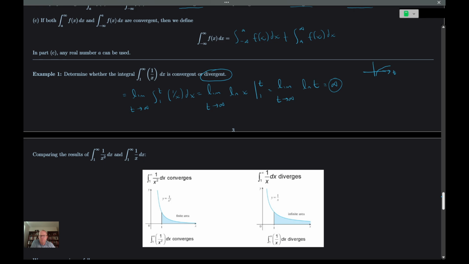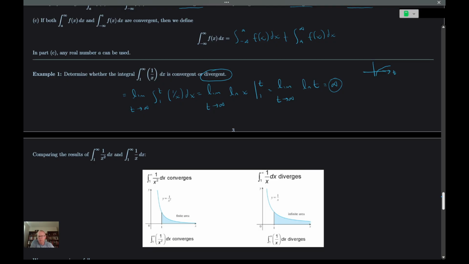You could go in depth on why that is, but for our purposes we'll just say that 1 over x does not decrease fast enough to slow down the area that you're adding in. Because these are on the same scale, 1 over x is going to be higher than 1 over x squared.